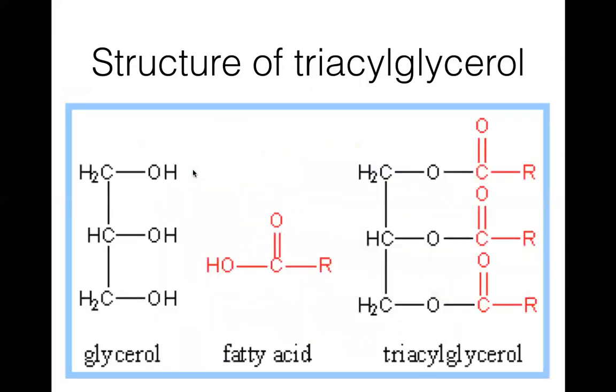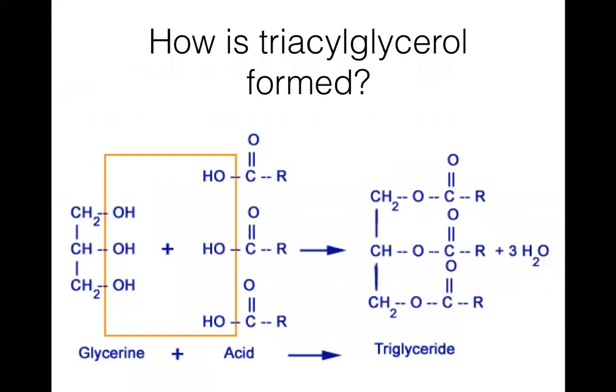So how do we synthesize triacylglycerol? The components, like what I said earlier, are the backbone, the glycerol, plus of course, 3 fatty acids. These fatty acids will be esterified to the backbone, forming the triacylglycerol.